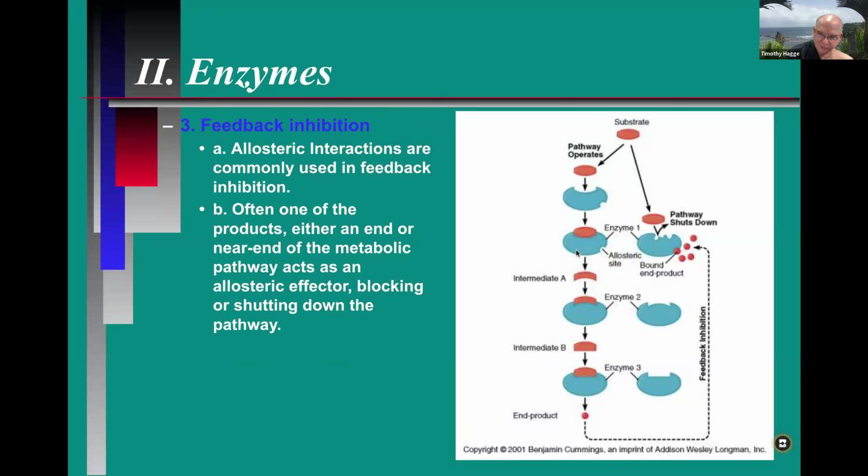So we have enzyme 1, enzyme 2, enzyme 3, and then our product starts to accumulate after reaction 3. As that product builds up, it starts to bind to an allosteric binding site, in this case on enzyme 1. When it does that, it changes the active site of enzyme 1 so that the first substrate can no longer bind. And as this end product from reaction 3 continues to build, it starts turning off more and more of the enzyme 1 in that reaction, eventually stopping the pathway.